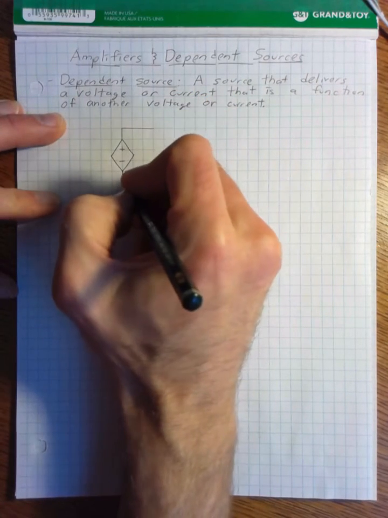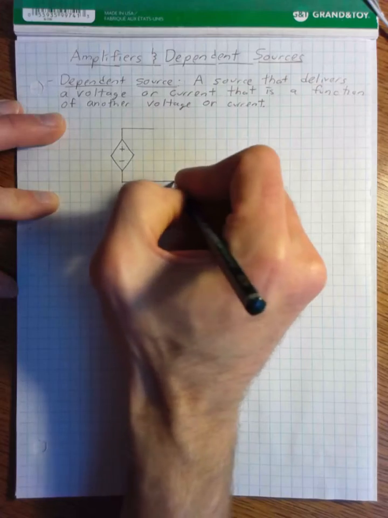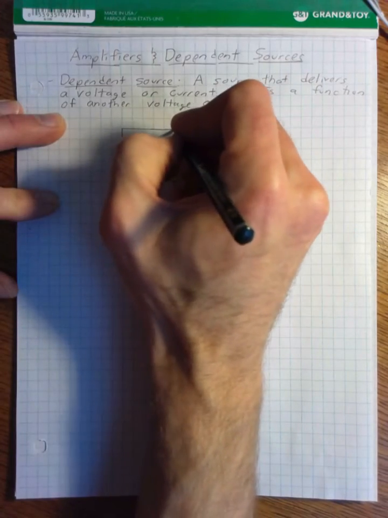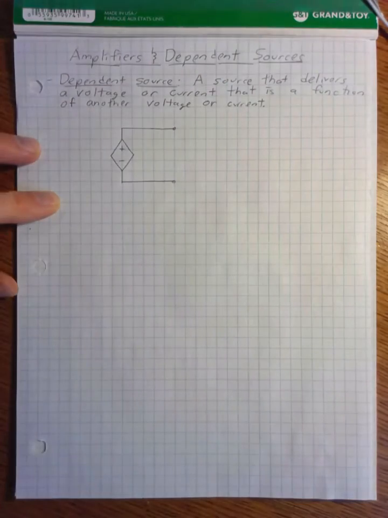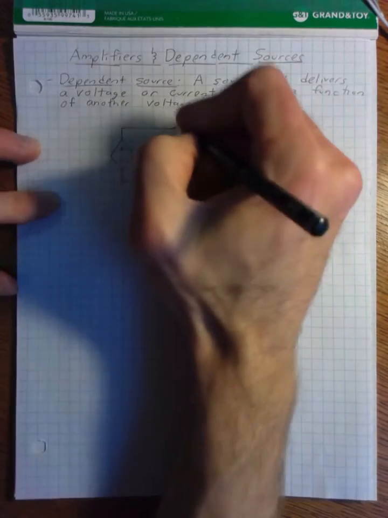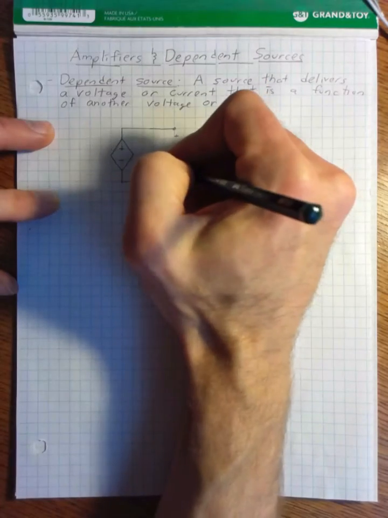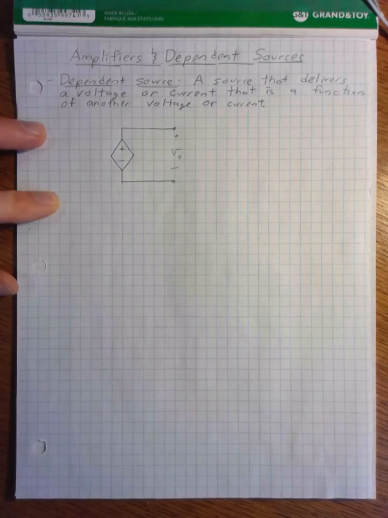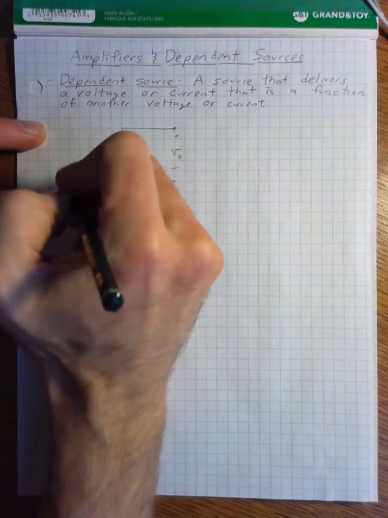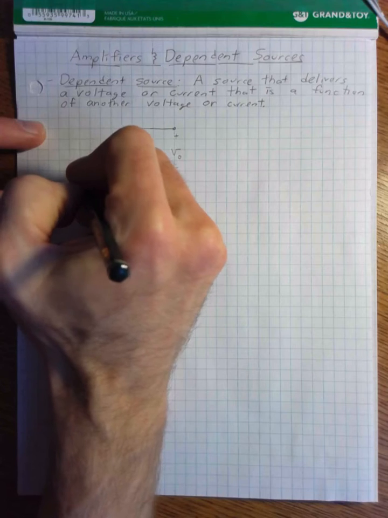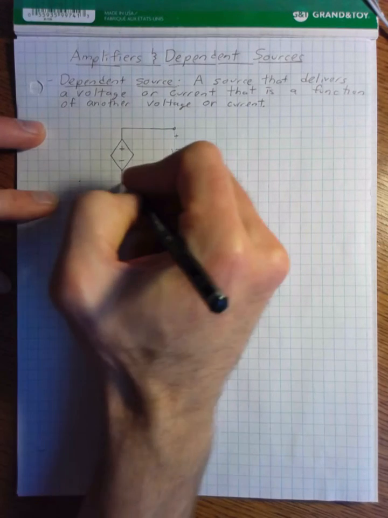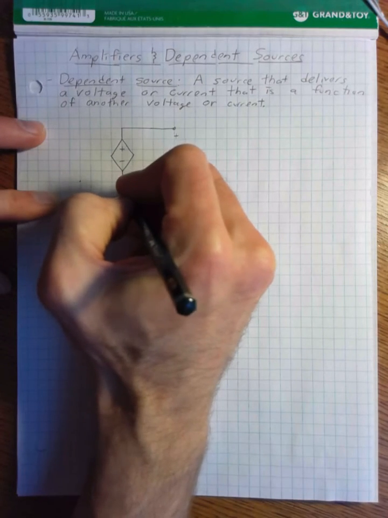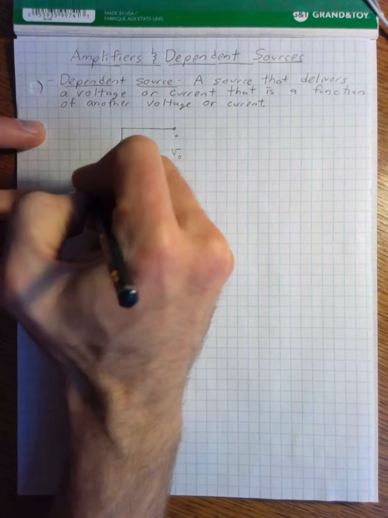Our dependent voltage source delivers an output voltage, V0, and this V0 is a function of another voltage somewhere else within the circuit.